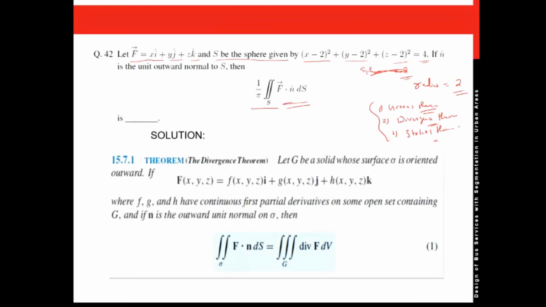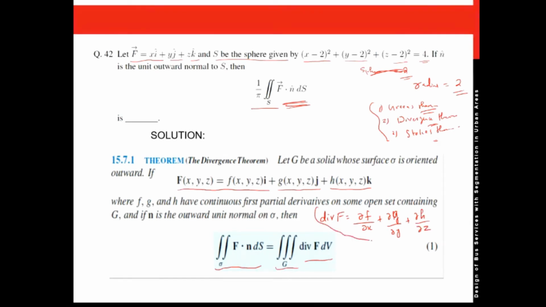So look at this. We have to find F dot n dS. F dot n dS is actually the triple integral of div F. So I will define what is the divergence of F. If F is equal to F of x, y, z, which is f of x, y, z i plus g of x, y, z j plus h of x, y, z k, then the divergence of F is dou f by dou x plus dou g by dou y plus dou h by dou z.